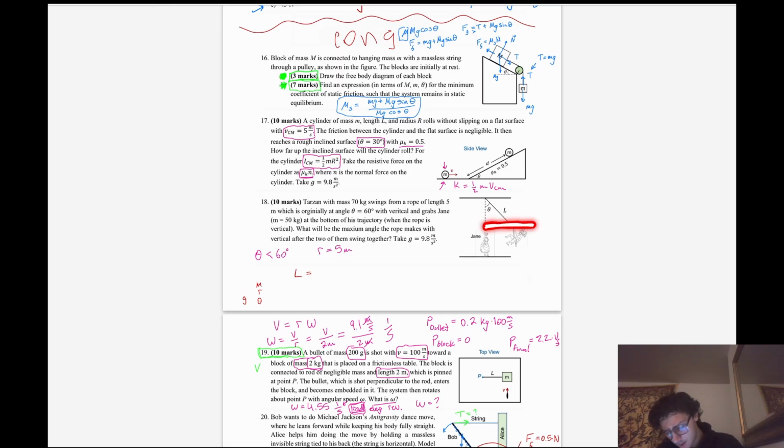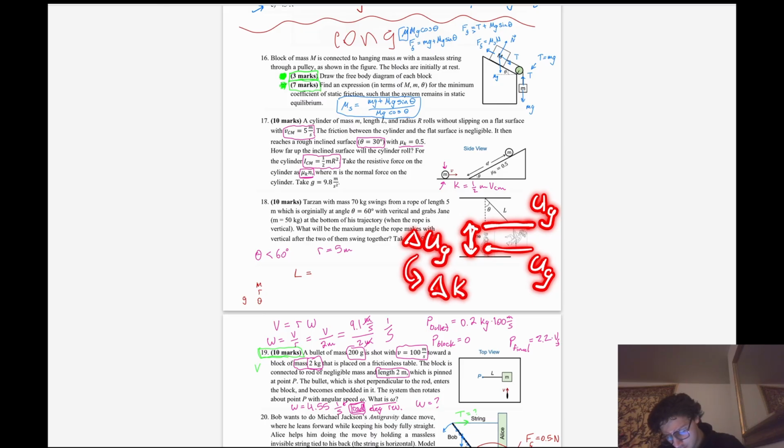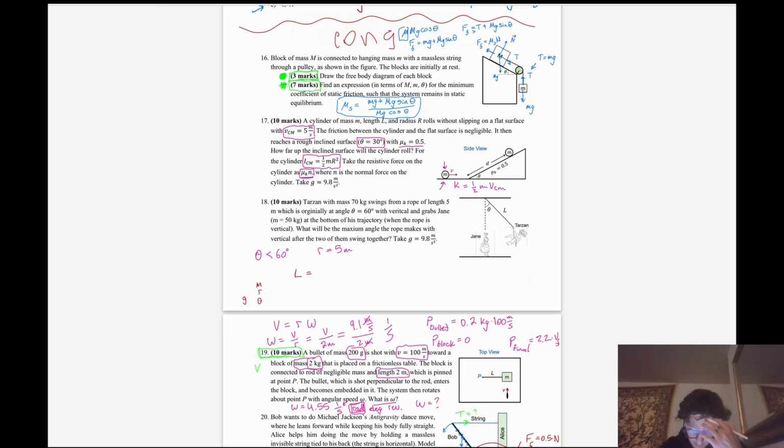So Tarzan is at some U_G over here, right? He swings down to over here, so his U_G has now changed. This change in U_G exactly converts into the change in kinetic energy. And if initially his velocity was 0, then from the kinetic energy we can find his final velocity. Oh my goodness.